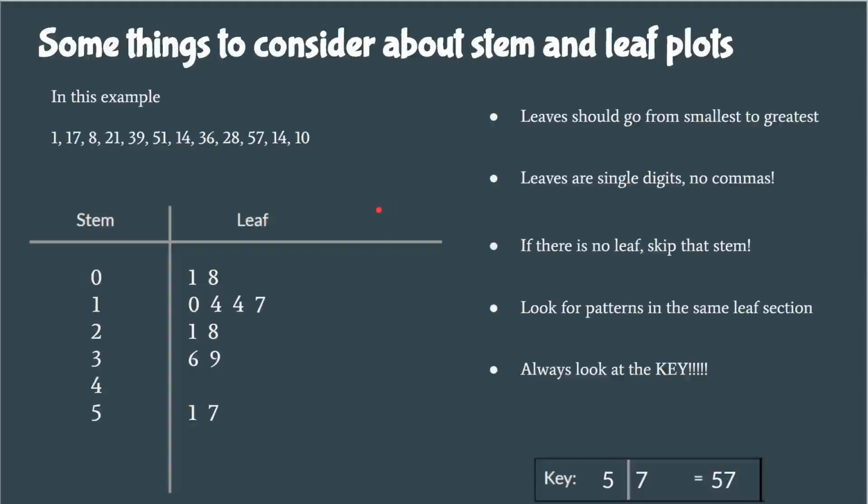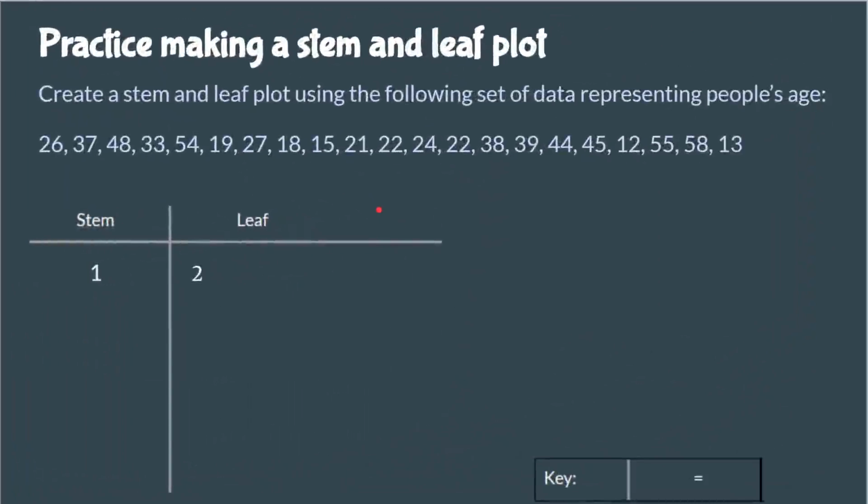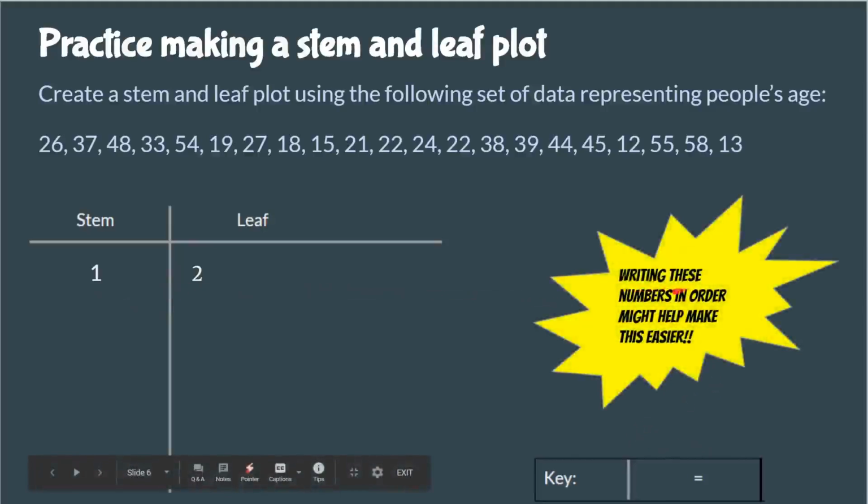All right? So, moving on. I gave you 2 pages for practice on your downloadable Google slide. You have one with people's ages, and you can fill it in and make sure you put the key. And putting these numbers in order might help make this easier.